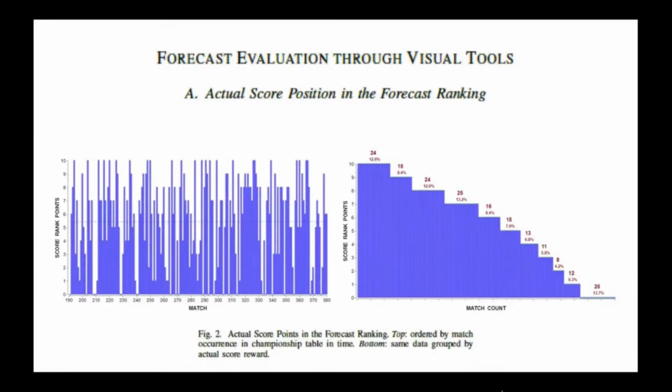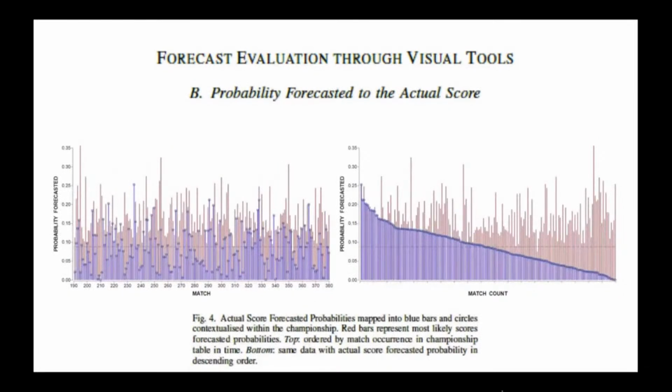The first one is the actual score position in forecast ranking. Each match forecast receives a grade from 0 to 10. Second one is the probability forecasted to the actual score. Each forecast receives the probability predicted to the score that actually happened.